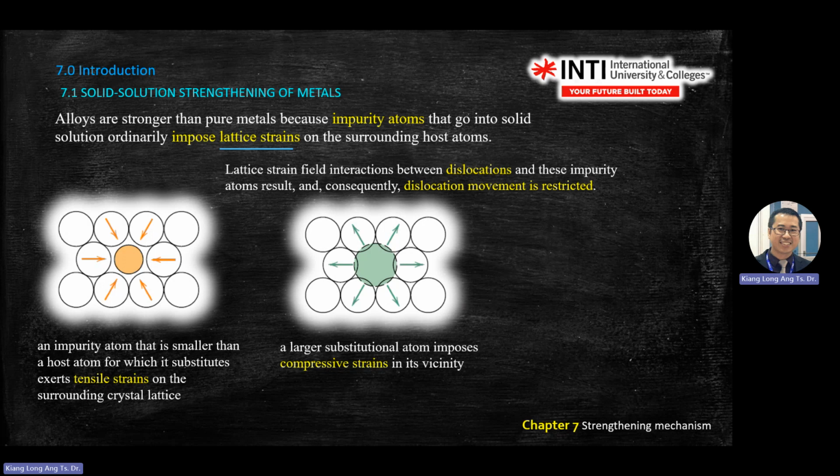So if you have a smaller impurity, it happens tensile strain. However, if you have a larger impurity, like the green color diagram here, it will impose compressive strain to the surrounding host. So these are the keywords.